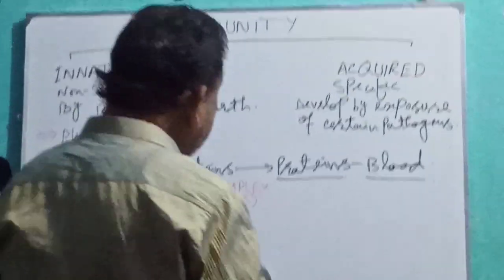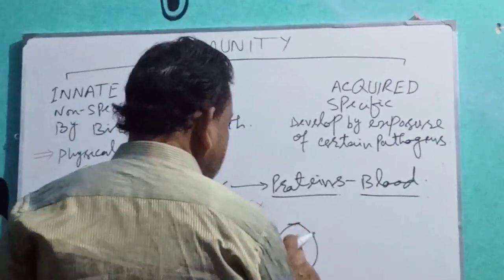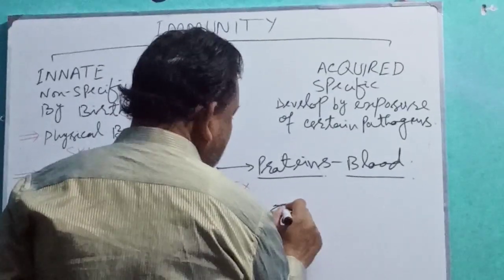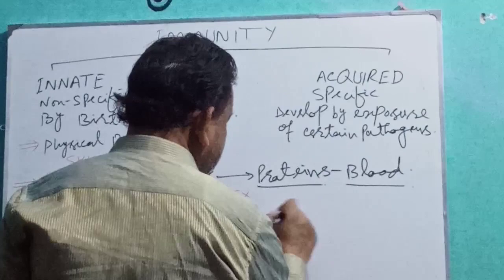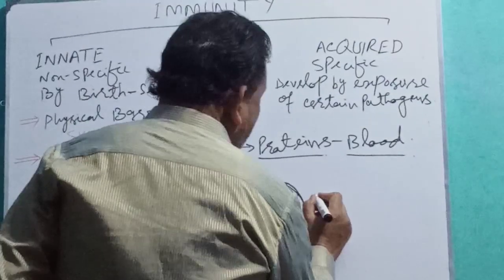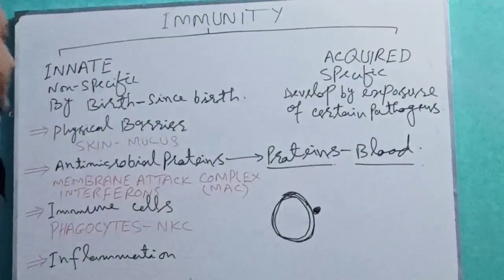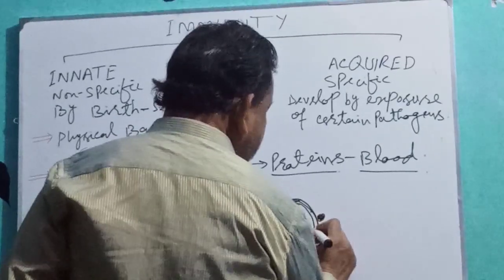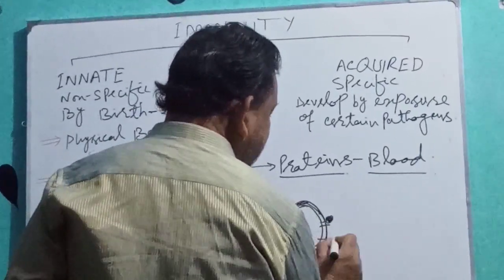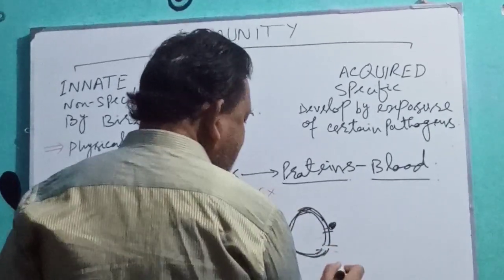For example, this is a bacterial or fungal cell, and this is the wall of the cell. When the antimicrobial protein touches the cell wall of the bacteria, it creates a hole in the bacterial cell.